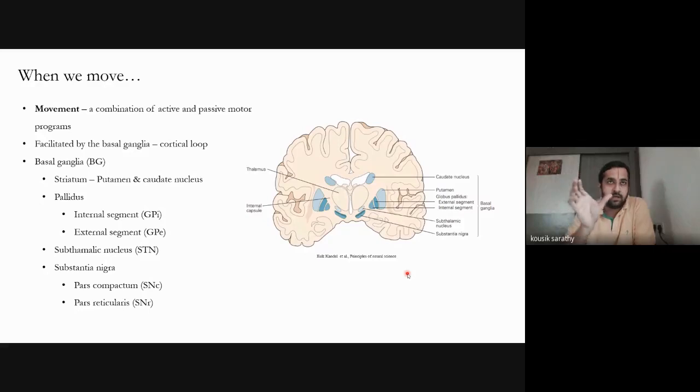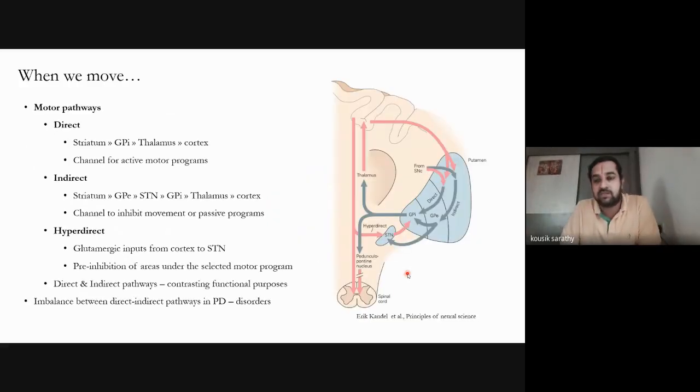The more important part of it is the last two, but there is the striatum, which consists of the putamen and the caudate nucleus, and then we have the pallida, the globus pallidus interna and externa, and we have the subthalamic nucleus, which is sort of the hero of this talk. And we also have the substantia nigra, pars compacta and reticulata. We will look at the functional uses of each of these.